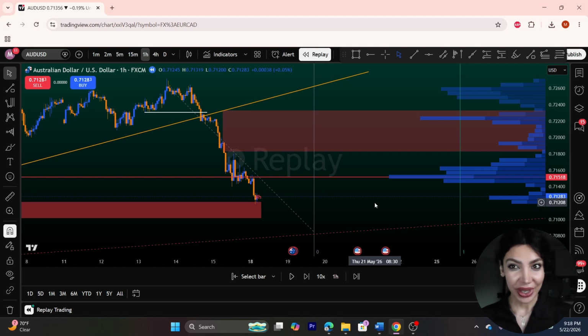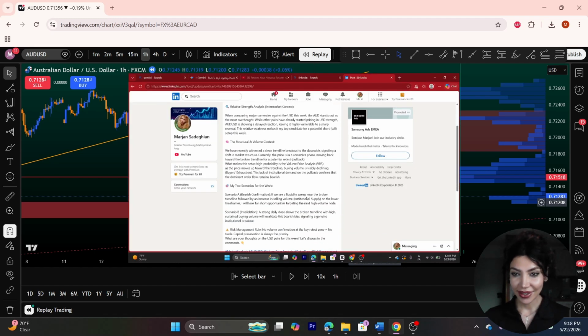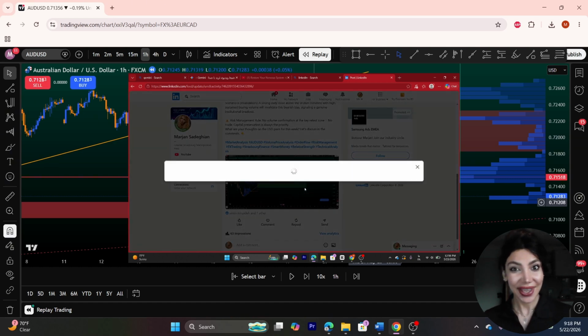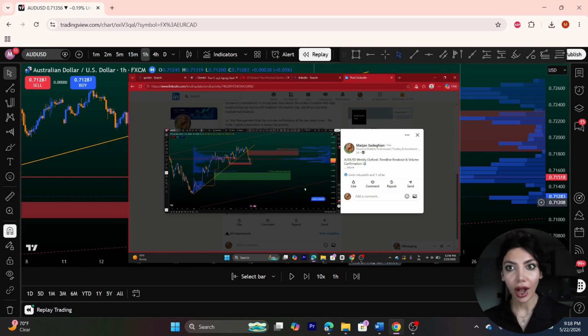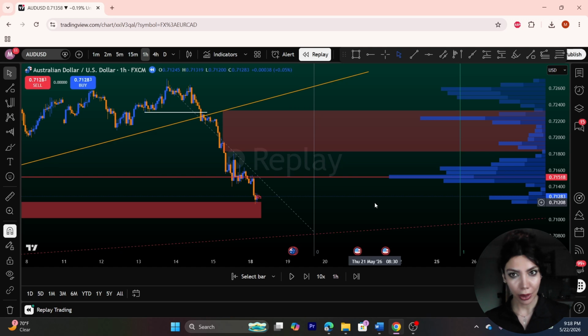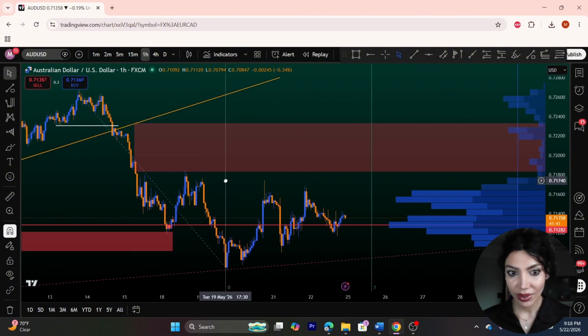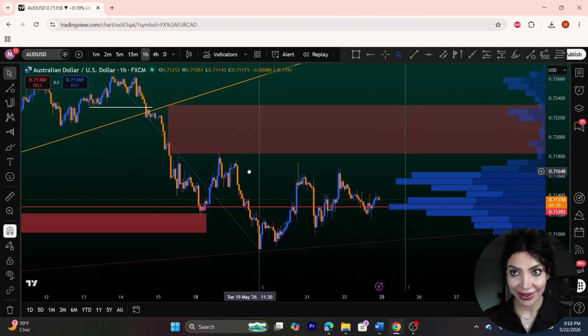At the beginning of this week, I posted this analysis on my LinkedIn. It was about AUDUSD potentially setting up for a high probability bearish move. At the time of that post, price had already reached my sell zone, which was somewhere in this red zone.